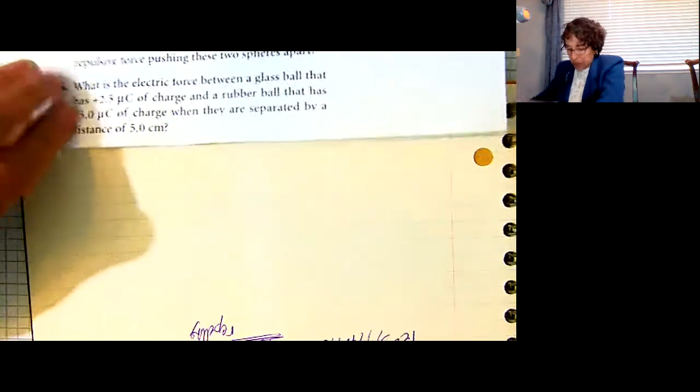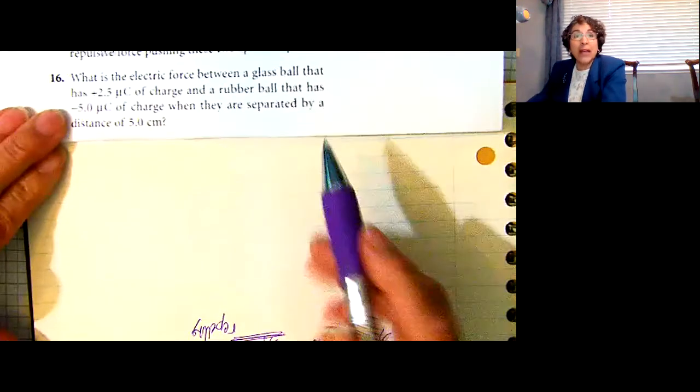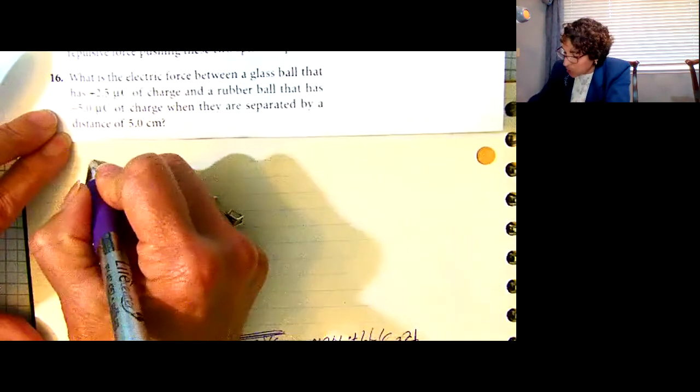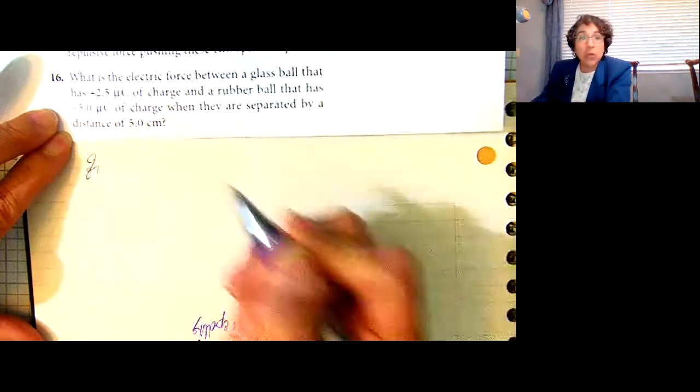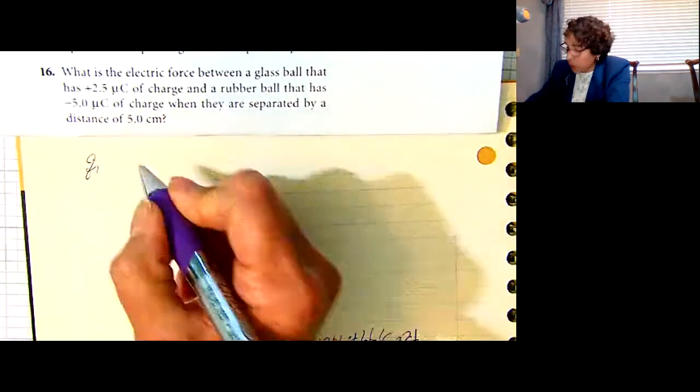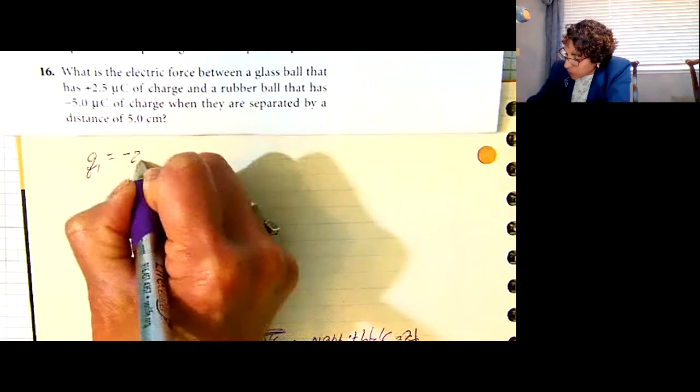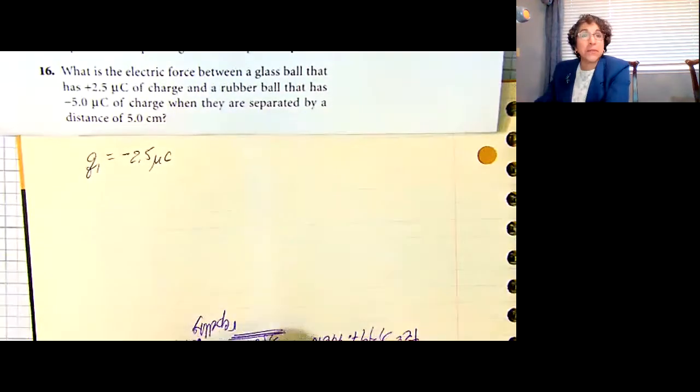All right, so let's write that down. Let's see, let me turn this page. So, okay, here we go. So what do we have? We have that the first one, I'm going to call that Q1. Q1 is negative 2.5 microcoulombs.